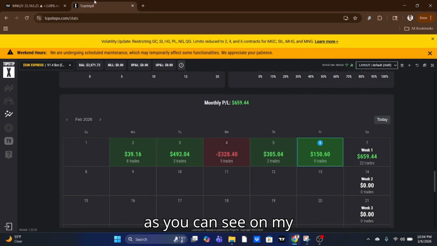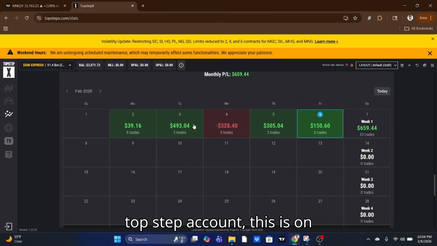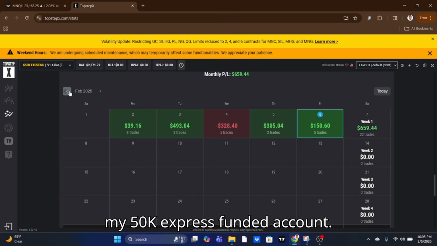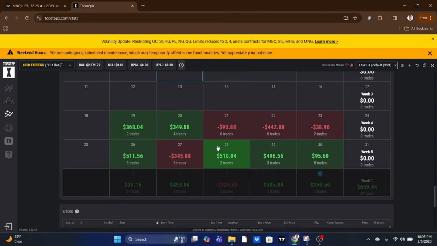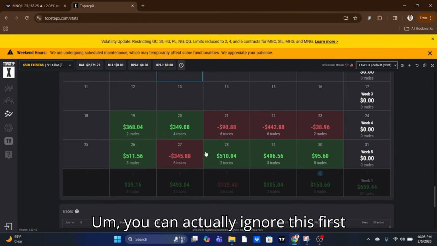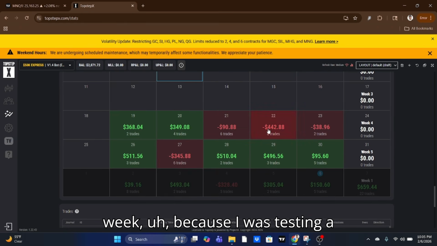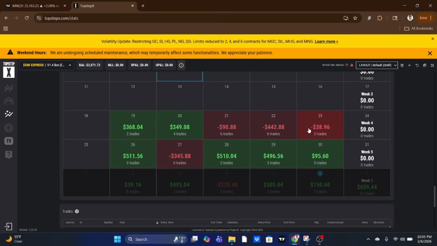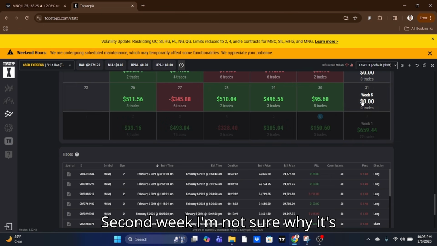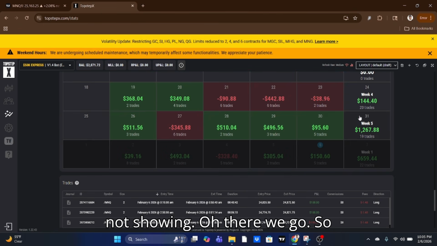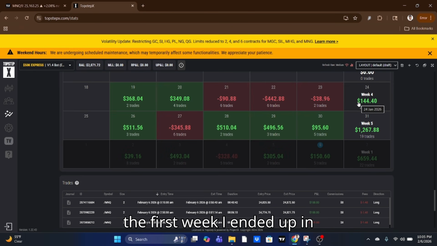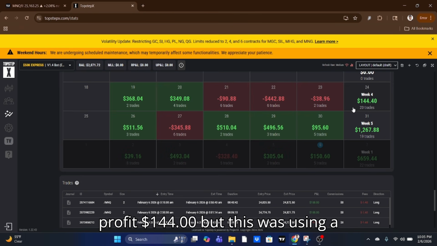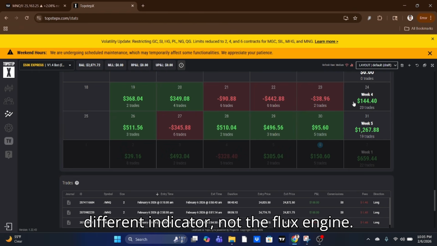And as you can see on my TopStep account, this is my 50K Express funded account. You can ignore this first week because I was testing a different indicator. Second week, I'm not sure why it's not showing. Oh, there we go. The first week, I ended up in profit $144, but this was using a different indicator, not the Flux Engine.